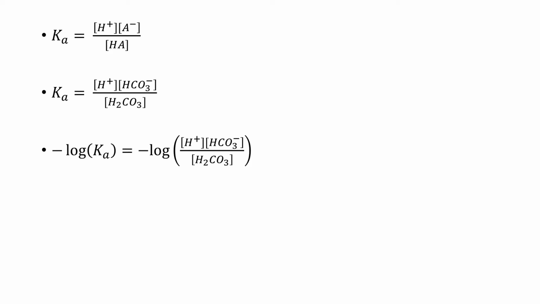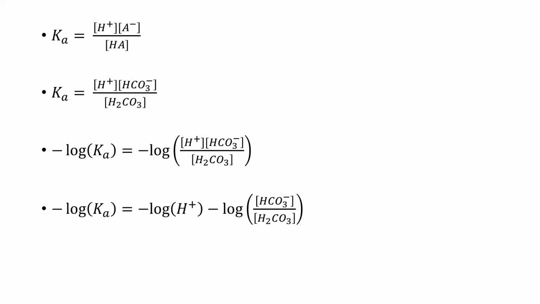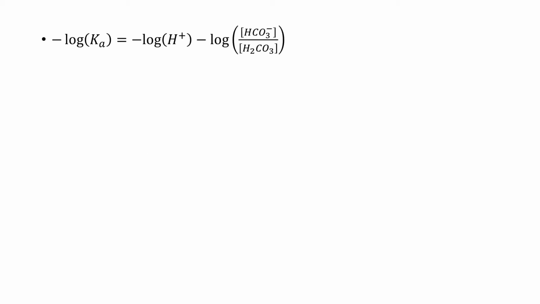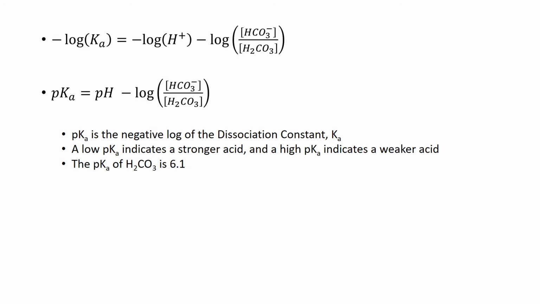Now, negative log of Ka equals negative log of that quantity H plus times bicarb over carbonic acid. Now, whenever you have things in brackets like that, it refers to the concentration of the substance. So we'll continue to isolate, use some algebra, until we ultimately reach the following equation, where pKa equals pH minus log of bicarb over carbonic acid.